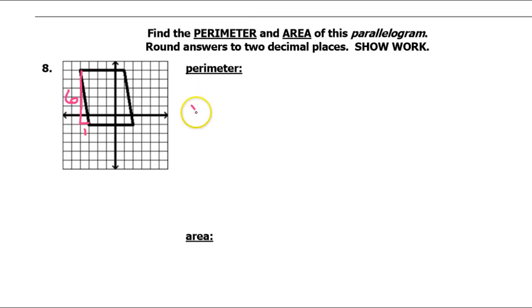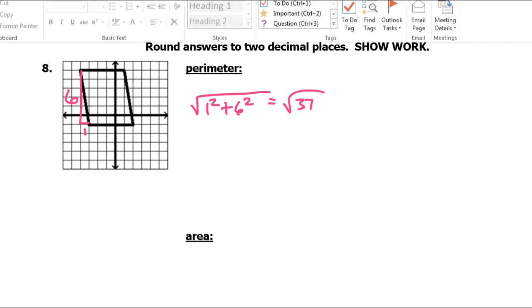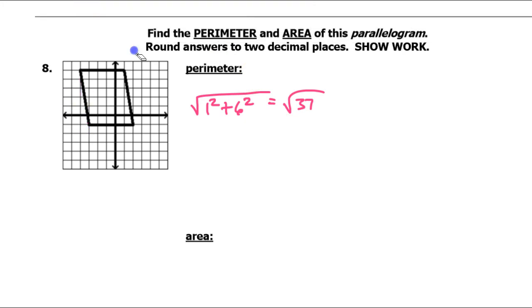So I'm going to have the square root of 1 squared plus 6 squared. That's 36 plus 1, so it's 37. So that tells me that both of these are radical 37.